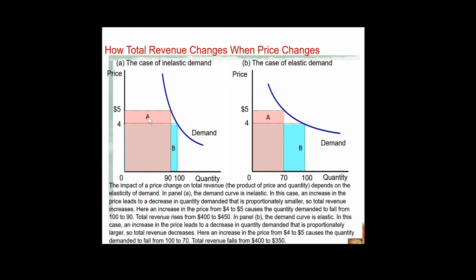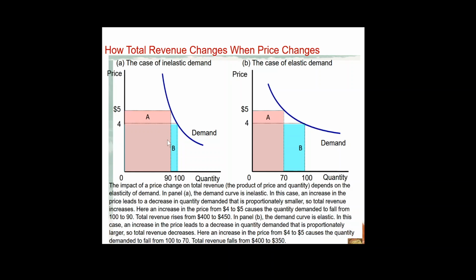So A is a contribution to the total revenue due to the increase of the price, okay? And B is the reduction generated from those who are leaving the market because the quantity demanded will be less due to the increment of the price.